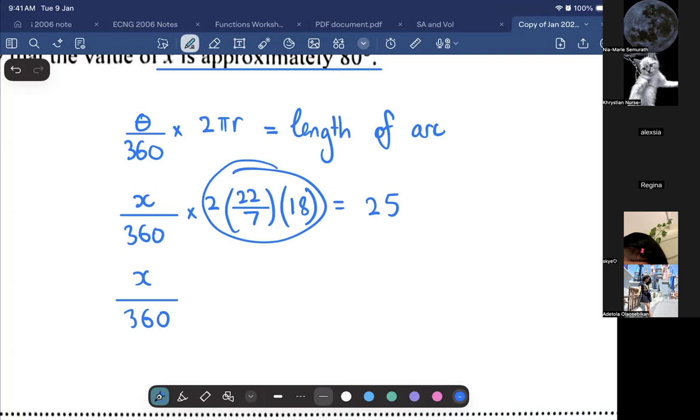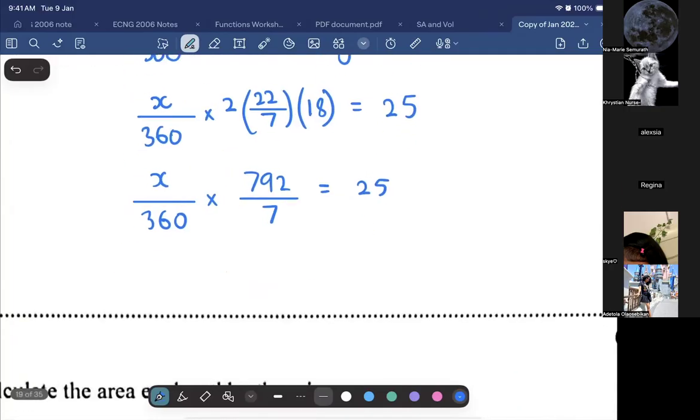I get 113 million over 7. If you turn that into an improper fraction, you should get 792 all over 7, and that's equal to 25.